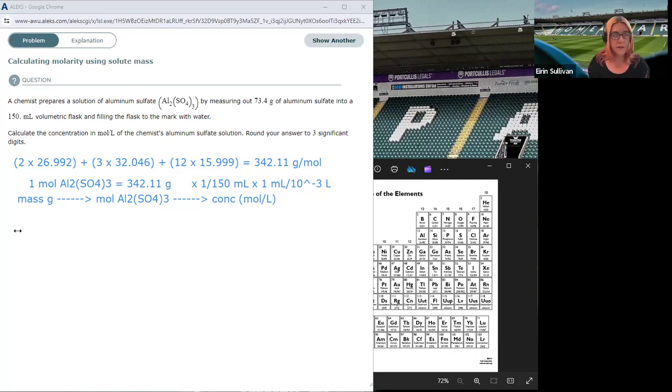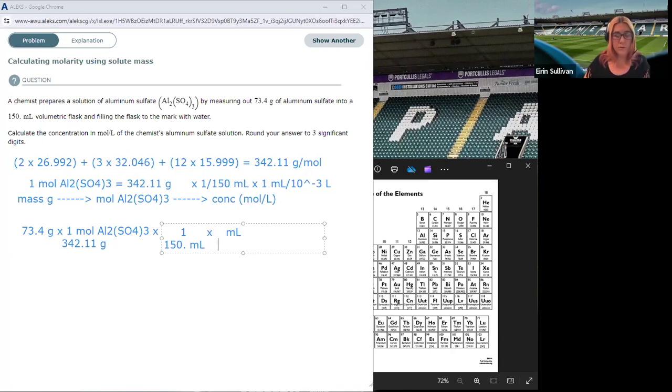Okay, so our mass was 73.4 grams. Use the molar mass. Verify that grams is cancelling. So 1 mole of aluminium sulfate. All right, so grams cancels, and then moles divided by volume is going to give me my concentration. So 1 over, in this case, 150 milliliters. At the moment, if I press equals, my concentration would be in units of moles per milliliter, which would be a concentration unit, but just not the one we are looking for.